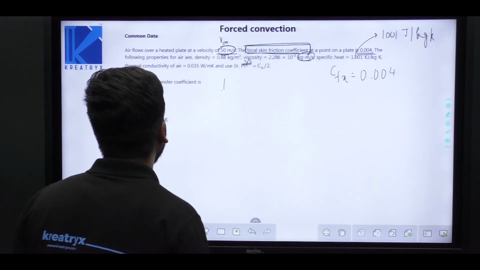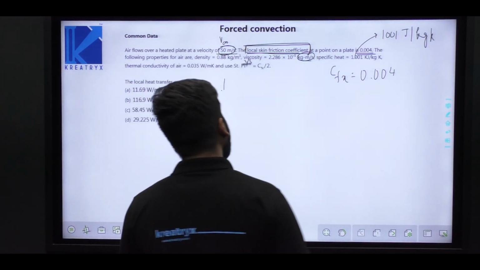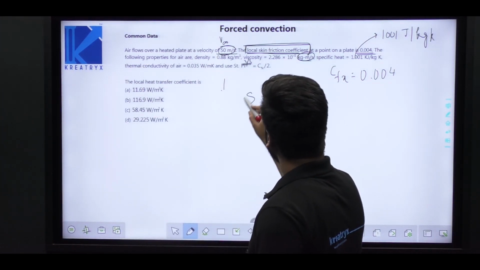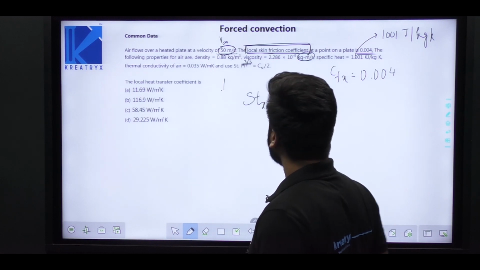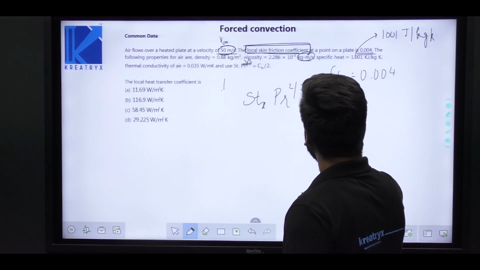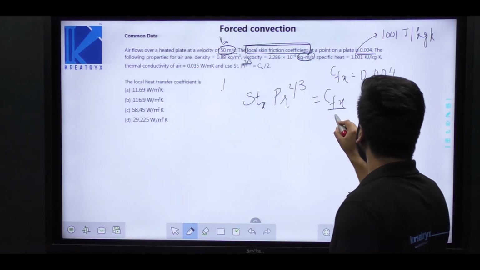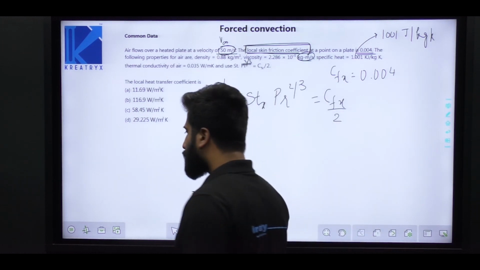So the local heat transfer coefficient is, okay. It is a simple question: local Stanton number into Prandtl number raised to the power 2 by 3 is equal to CFX by 2. And what is Stanton number?